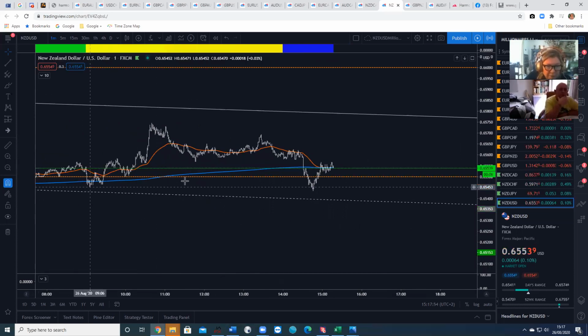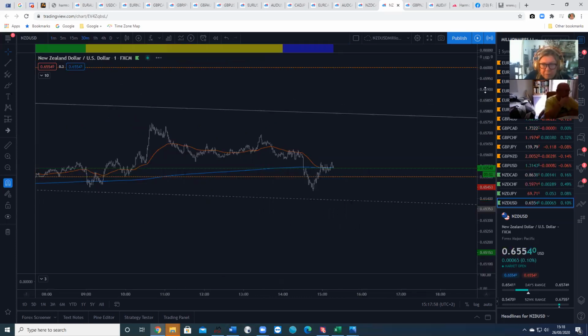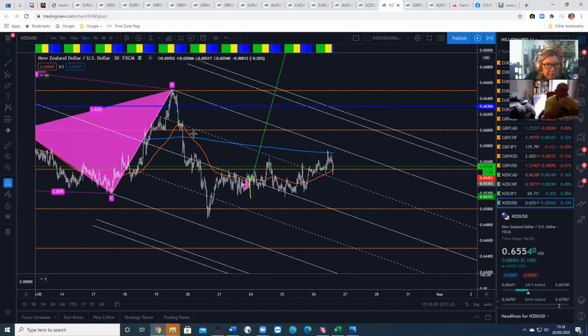NZD USD, so where's our scan? Let's go to the 30 minute. So the scan here was a sell scan.